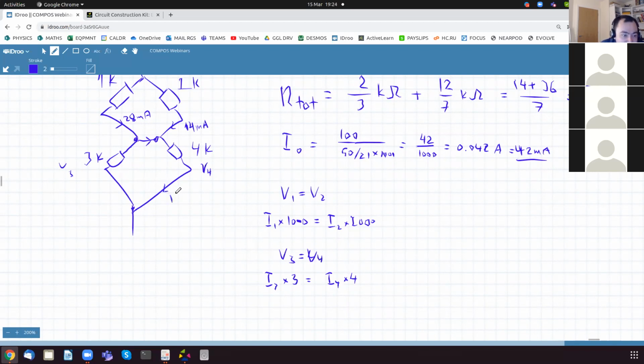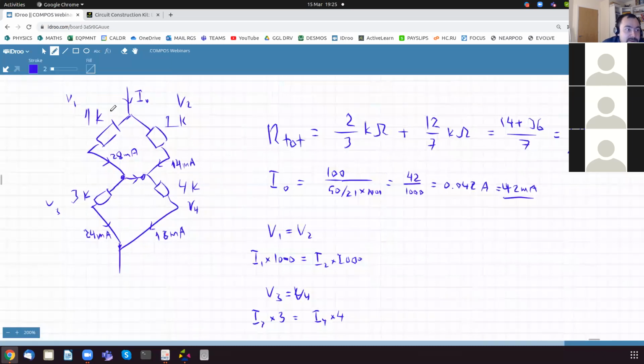So this is 18 milliamps, and this is going to be 24 milliamps. Okay, and looking at that, so this must be 4 milliamps.